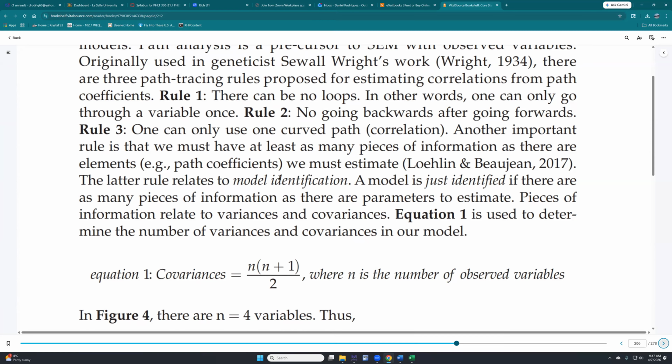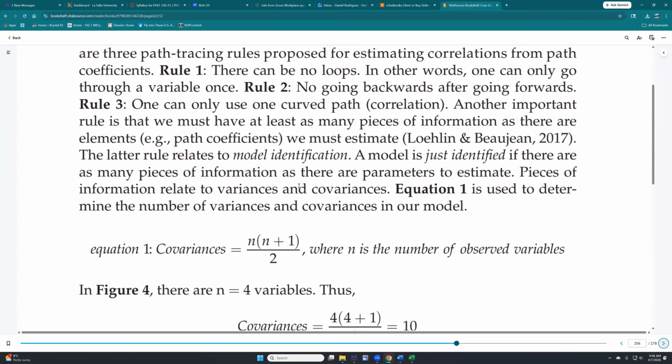The things we have to estimate, well, those are things that need to be estimated in our model, like path coefficients, variances, etc. The latter rule relates to model identification. So there's a lot of information here, okay? I gave you those Wright's rules, and now we're talking about model identification. We're going to obviously have to go through all this. I don't leave anybody without the correct amount of information and the ability to understand this stuff.